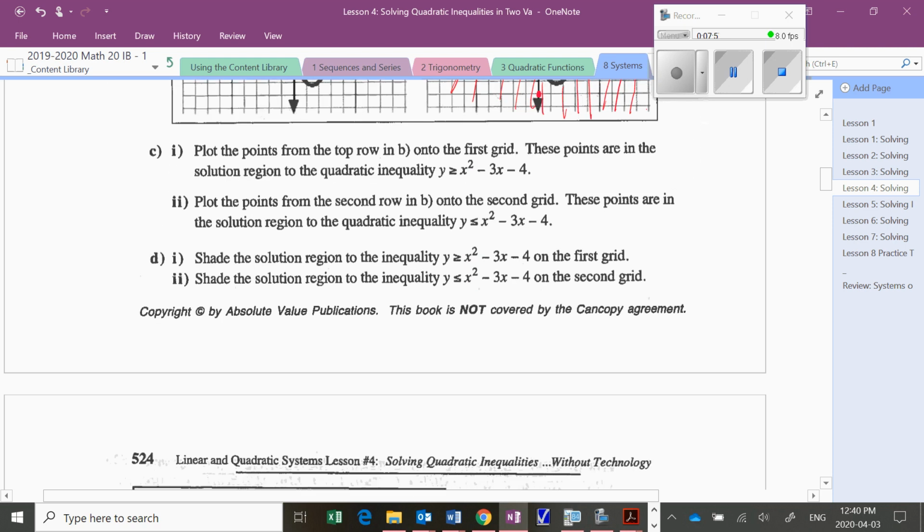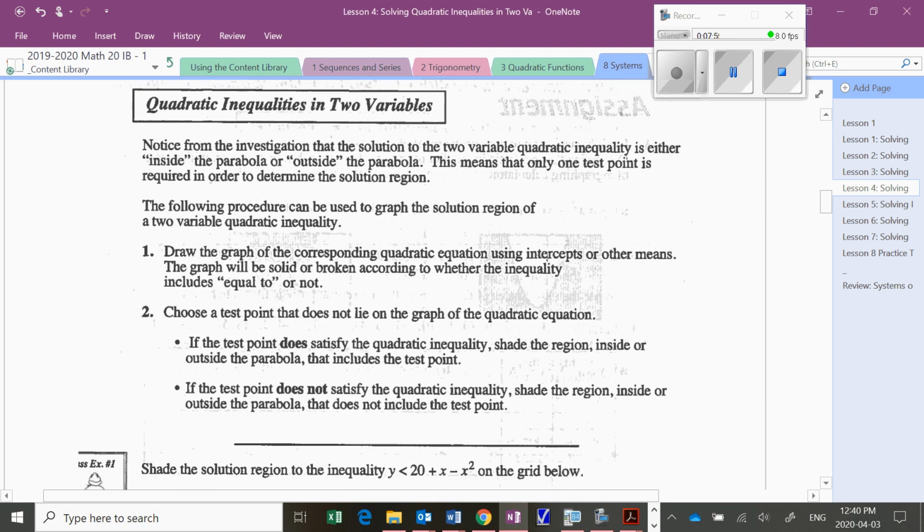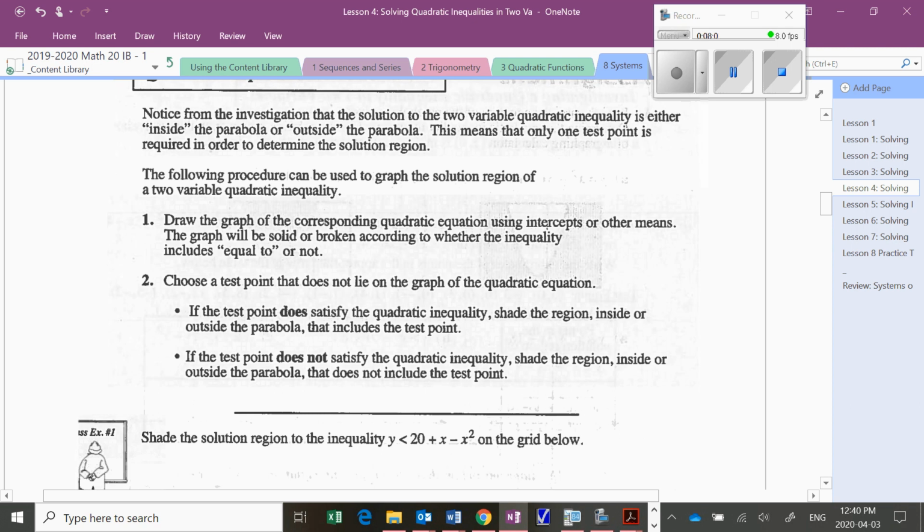Awesome. So let's take a look then, and the procedure that it goes through is essentially the same thing that we did with linear, which is to draw the graph of the quadratic equation, either using the intercepts or other means. Other means, of course, would be using vertex form.